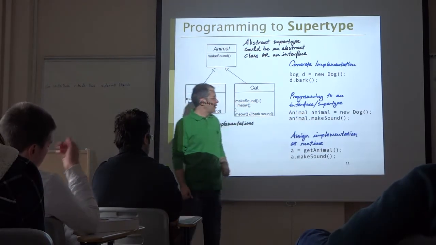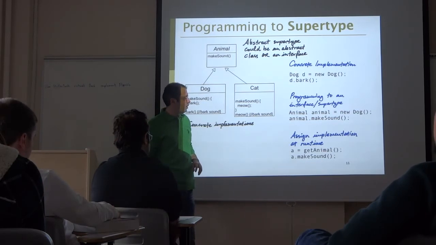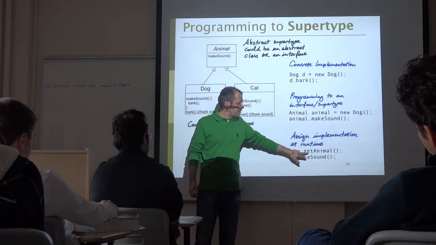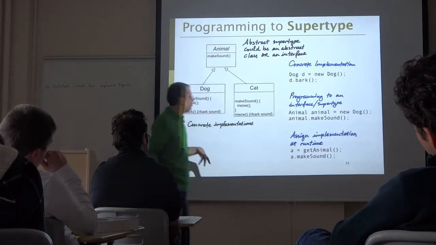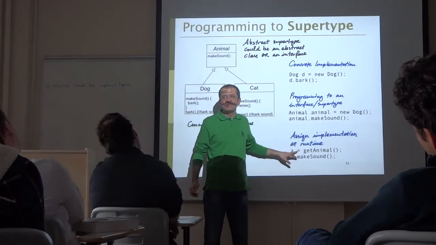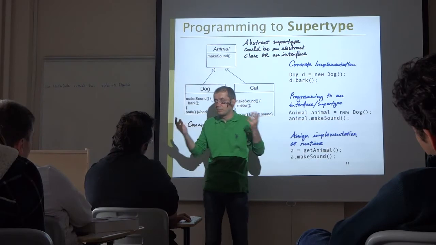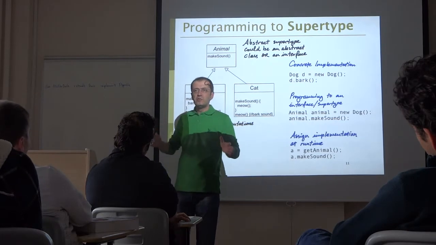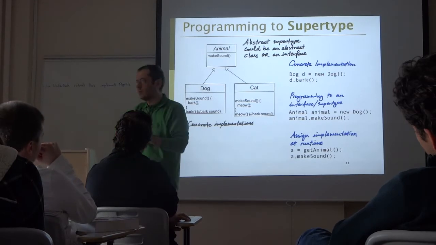For example, I can get an animal from somewhere without knowing what animal it is. It is a cat or a dog or a horse, a donkey, I have no idea, so it is transparent. This is the beauty of it. So I will be able to transfer methods with that as well.